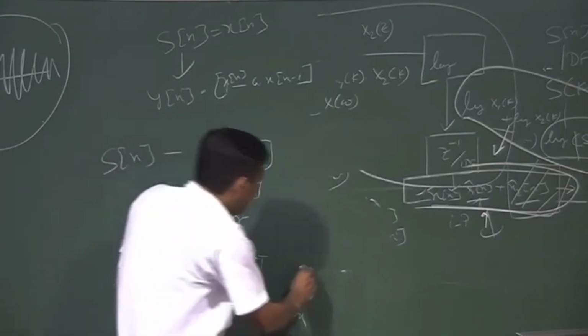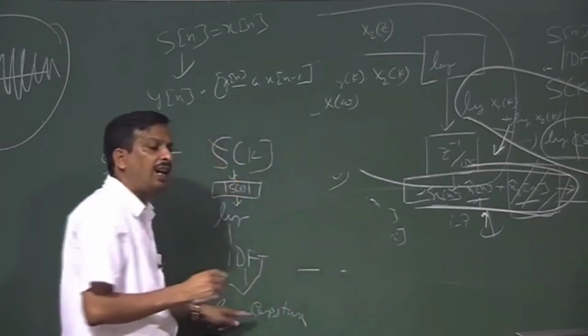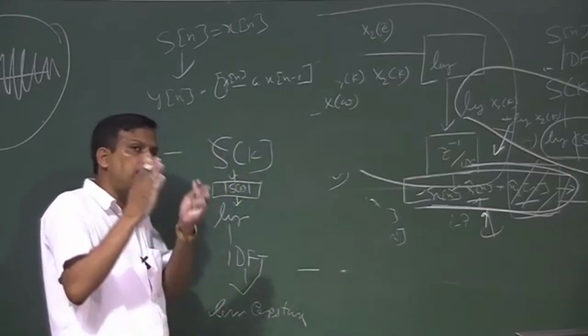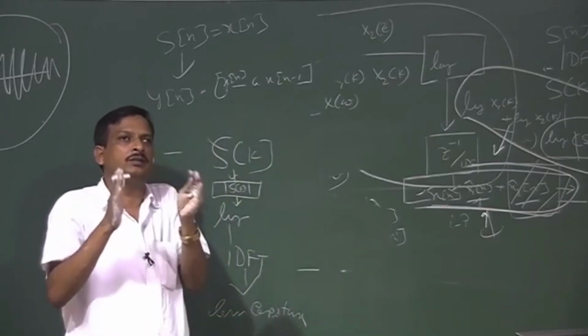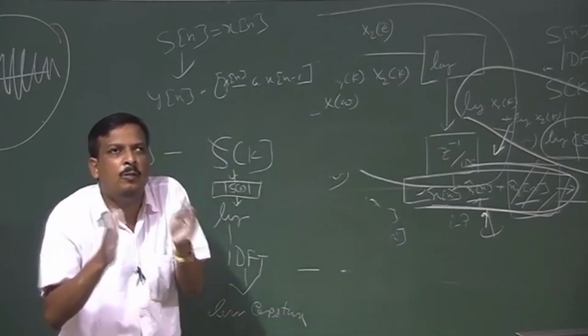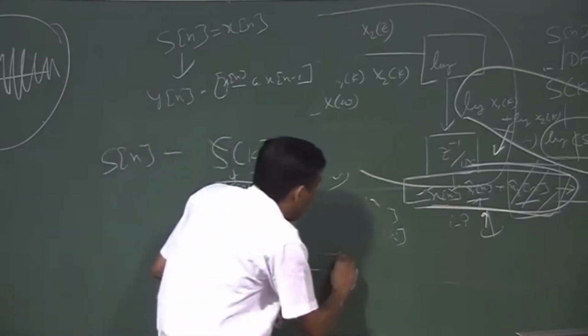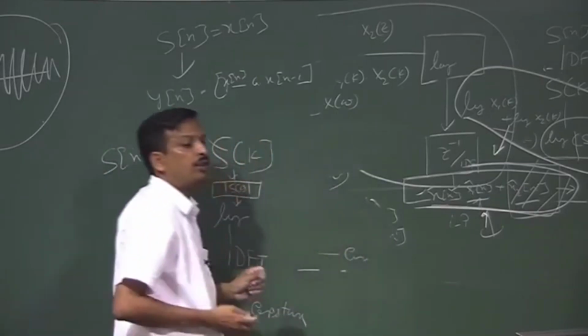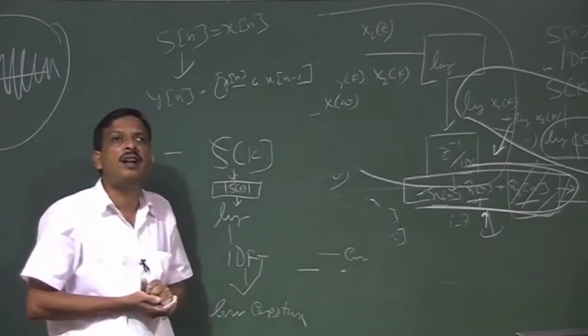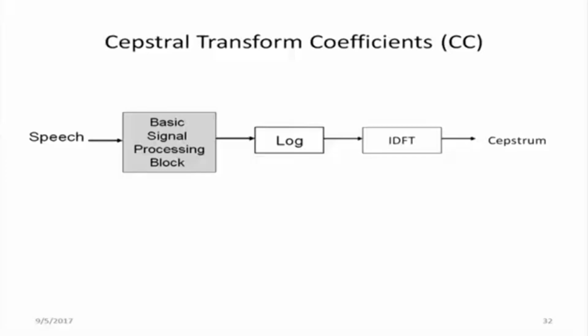Then it can be passed through a low pass filter, because the beginning portion is the slowly varying component. Those are called the cepstral coefficients, or spectral coefficients.